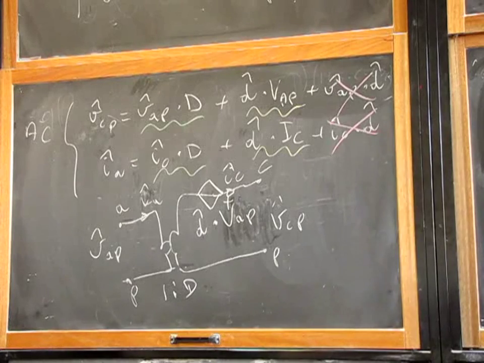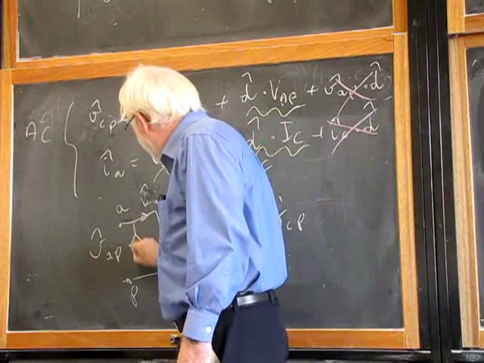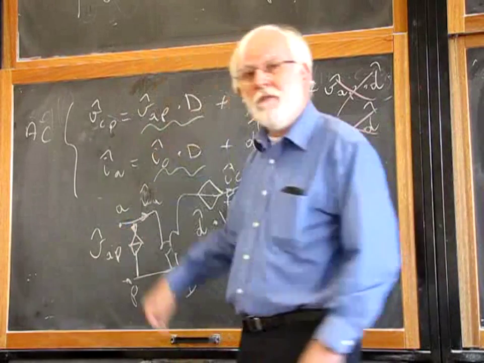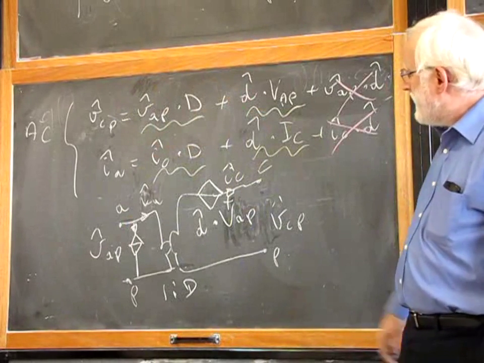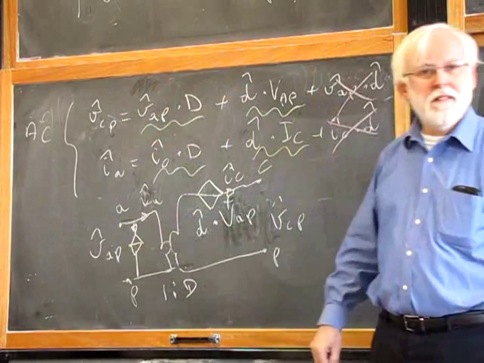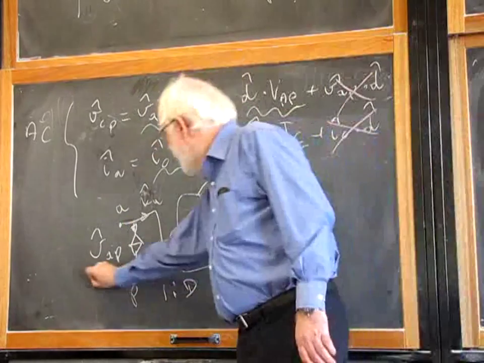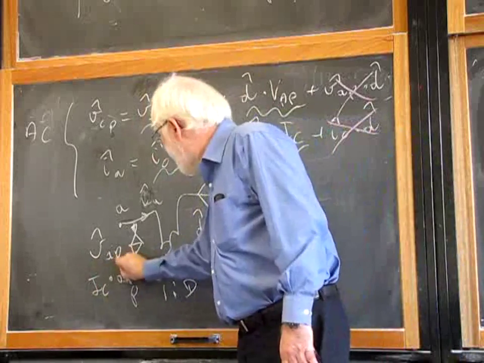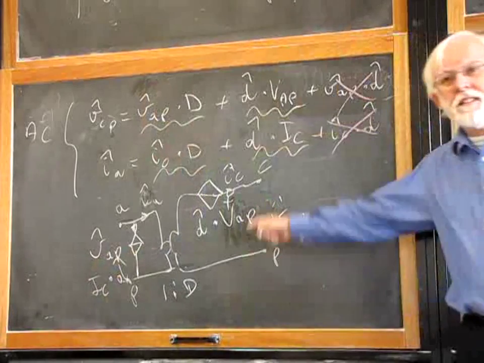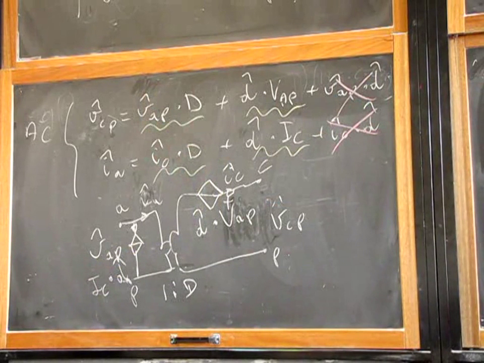So at the input, we have to add in parallel to the input a current source that sends down this current, and this current is equal to capital I_C times D hat. That's it. This is the small signal equivalent circuit for our nonlinear time variant tripole.